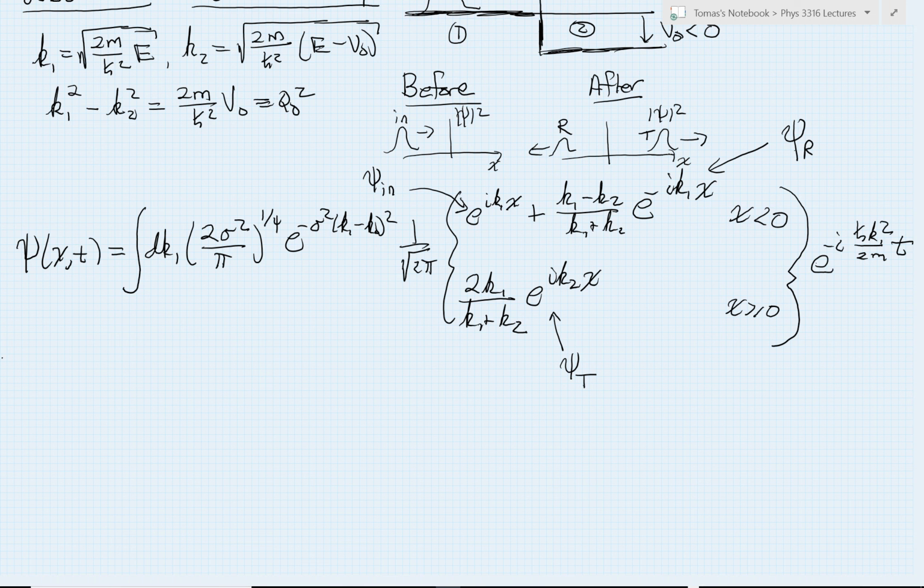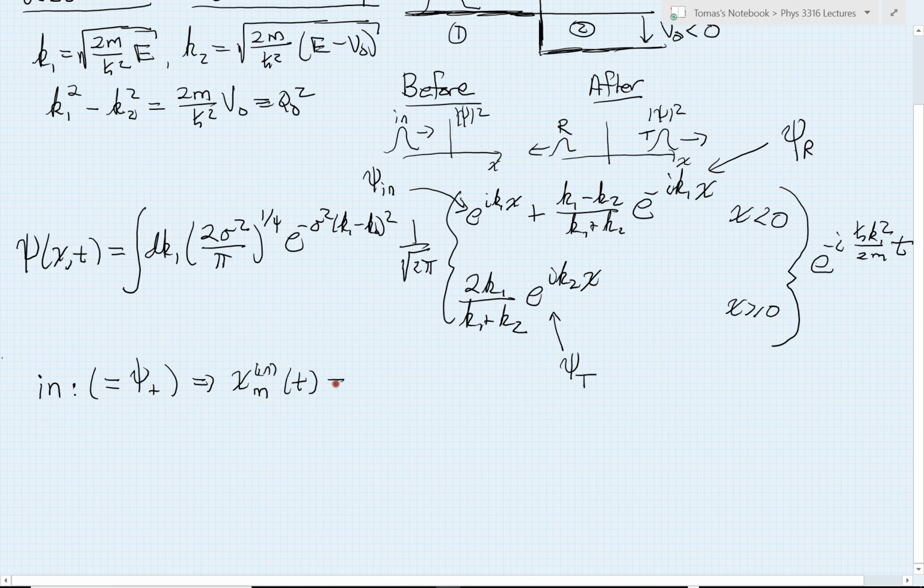Because we've done this before, I hope we can do this fairly quickly. So let's begin by looking at the incoming wave. It's literally, if you look at the pieces that we have, the same incoming wave we had before. We will get the same exact analysis. This is exactly equal to what we had called psi plus in the past, and so we can say immediately that the maximum location of this incoming packet at any given time t is just the incoming velocity v naught times t.